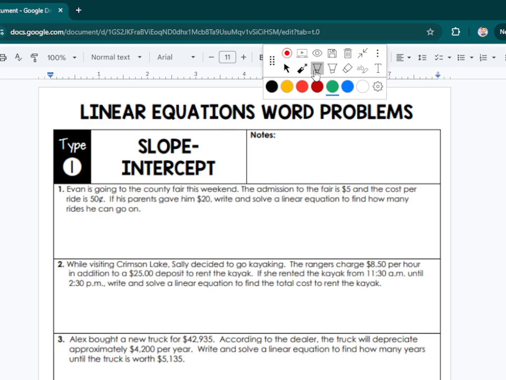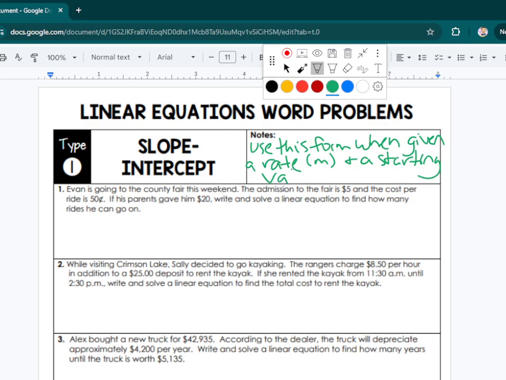And so we're going to use this form, or this type, when we're given a rate of something, so something per something, which would be our m, our slope, and a starting value, or a flat fee, or an initial cost, something like that.